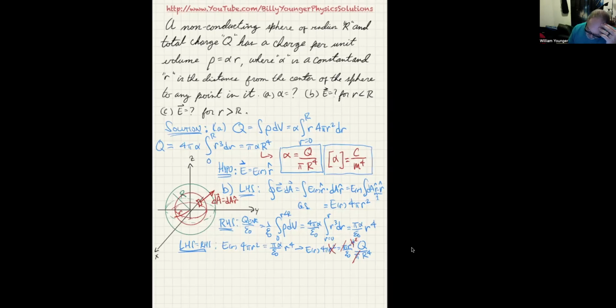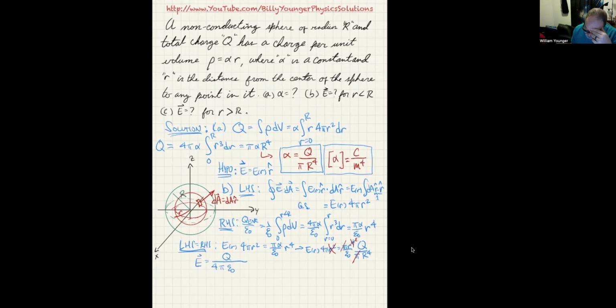So ultimately, you see what's going to happen is that I get E, the vector, is equal to Q over 4 pi epsilon naught.